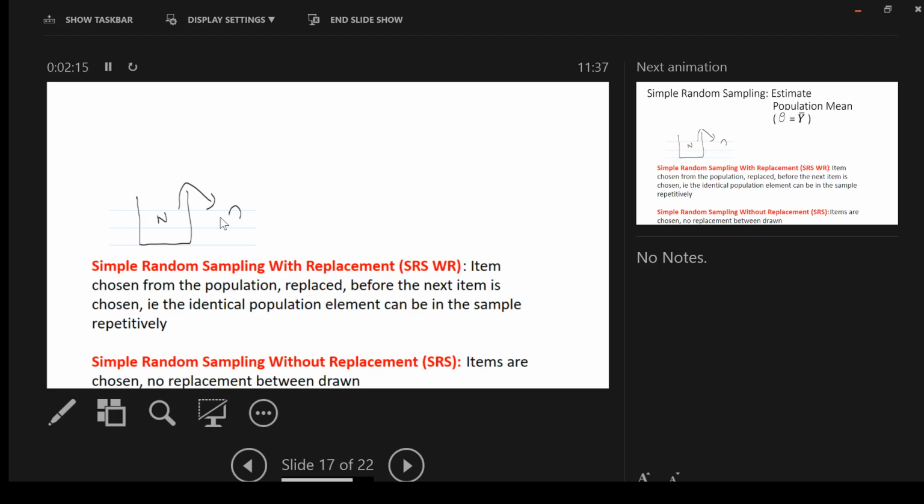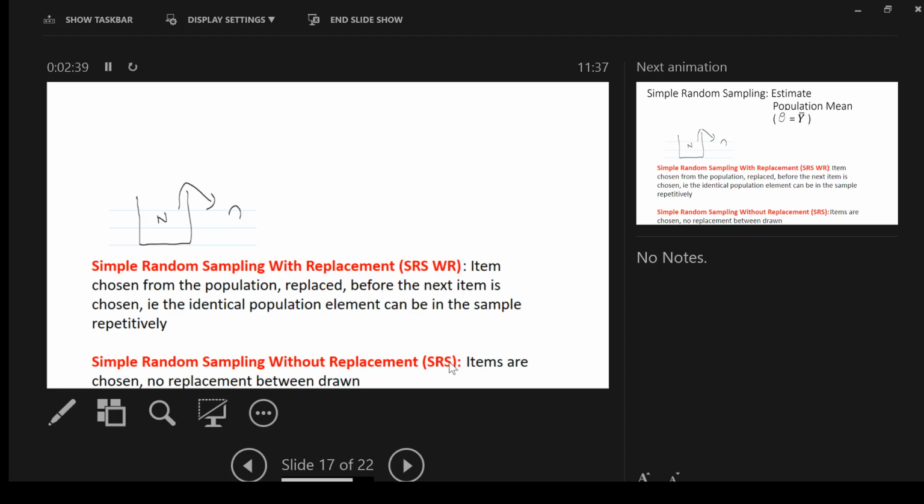What it means if it's simple random sampling with replacement is that the sample of n could have the same person twice. For example, in this class, suppose however many there are of you today, that's capital N, and I want to select 3 people, but it's with replacement, then I could pick this lady 3 times. It just turns out I'll pick the same person twice. That's with replacement, obviously.